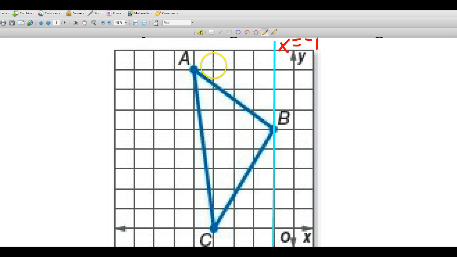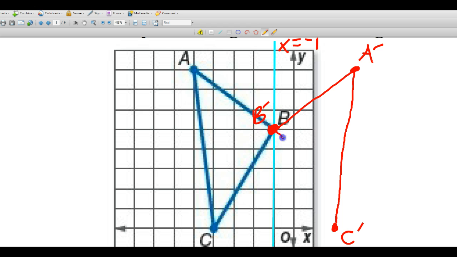So if A is here, that's 1, 2, 3, 4 to the left of this line, then I want to go 4 to the right of the line. 1, 2, 3, 4, which would be right about here. Since B is on the reflection line, then B prime will also be. And C is 1, 2, 3 to the left, so I want to go 3 to the right of the line. And then connect my vertices.